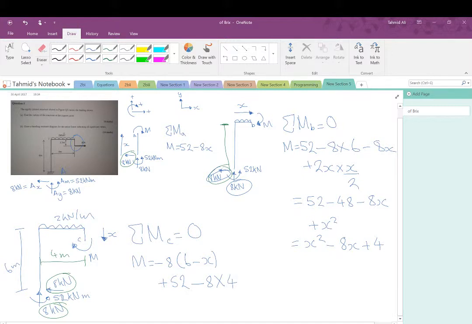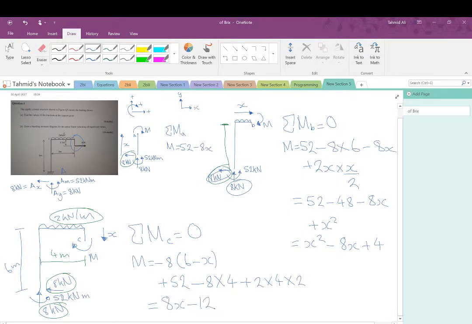Similar to the 2 kilonewtons per meter, as x gets bigger, the moment will still be the same at point C. So this is going to make it go anti-clockwise, so it's going to be positive in this sense. So it's going to be plus 2 times 4 times 2, because half of 4 is 2, and that's where it's acting. If you simplify that, I'm not going to be long with this, so I'm just going to write the actual answer, 8x minus 4.